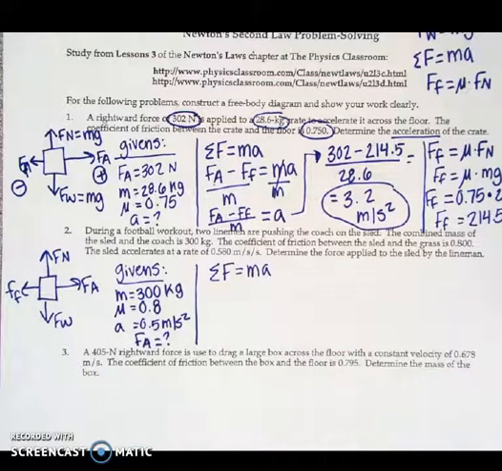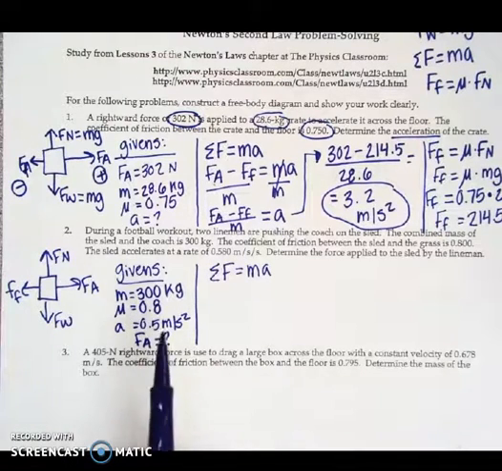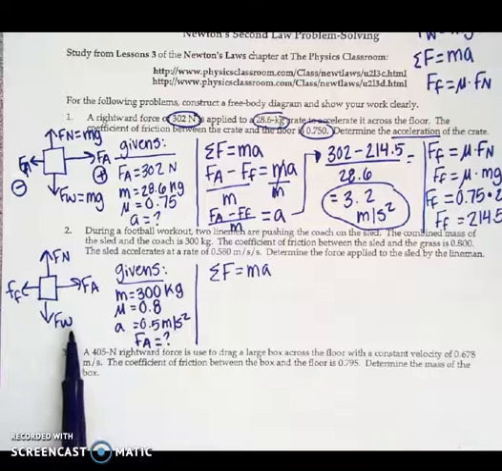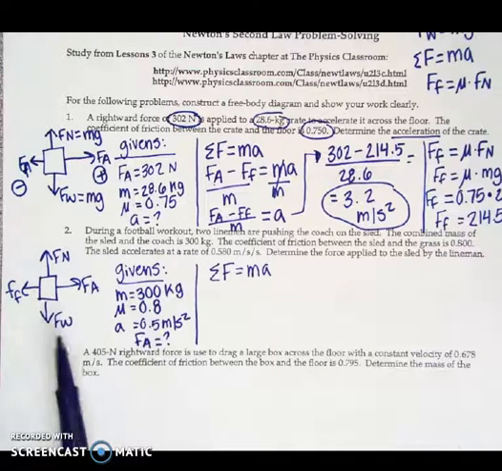So now what we're going to do is plug in all our unbalanced forces for our sigma F. So we are going to look at our free body diagram and decide what's balanced and what's unbalanced. If we look at the forces going vertically, normal force and force of weight, we know that those are going to be balanced because we're not moving in that direction.